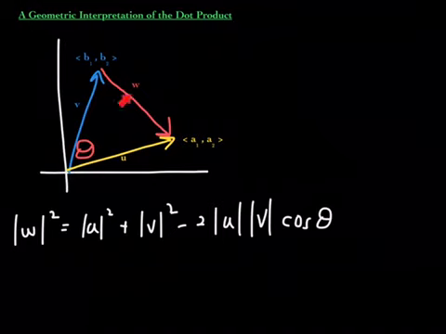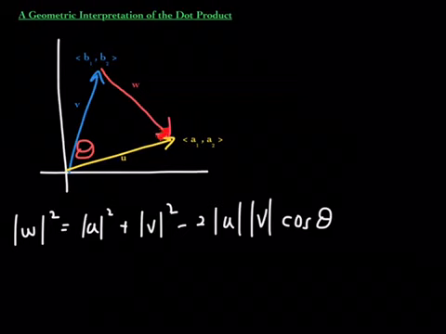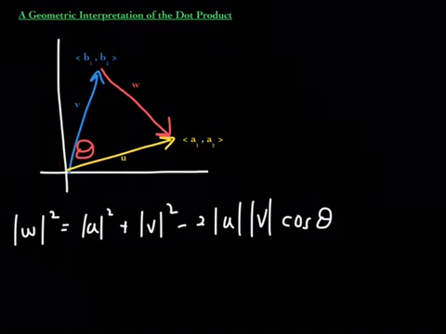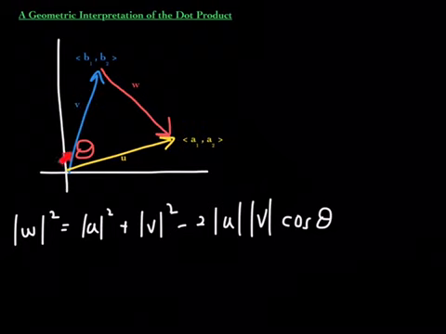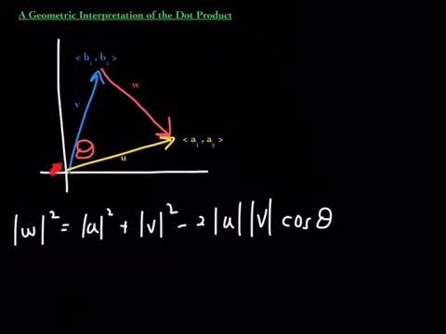I've named it w. Now, the law of cosines says the length of this vector, basically its magnitude, quantity squared, is equal to the length of this vector u, quantity squared, plus the length of this vector v, quantity squared, minus 2 times the magnitude of u times the magnitude of v times cosine of our angle theta, which is opposite this vector w.